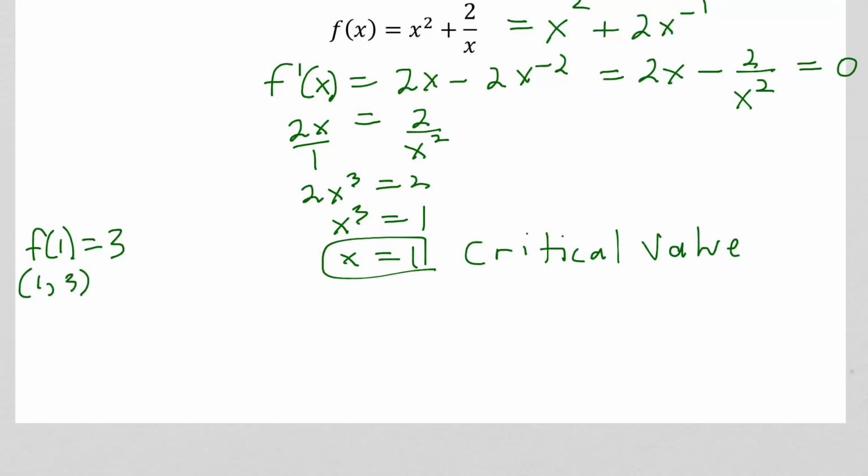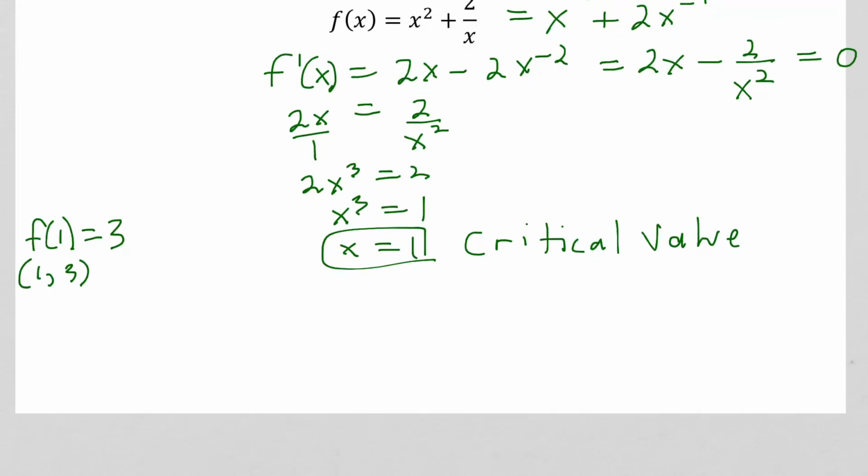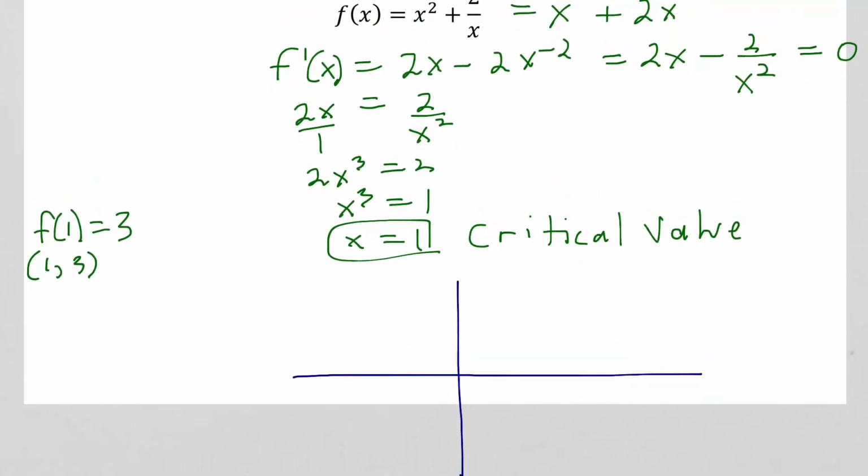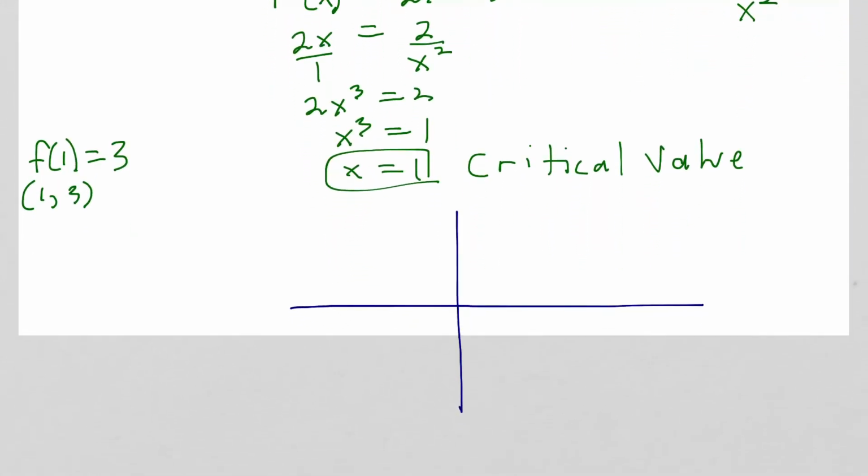All right, so let's see what's going on with the graph of this function here. This is a rational function with only one critical value. So the function is x squared plus 2 over x. Let's get this into one fraction.